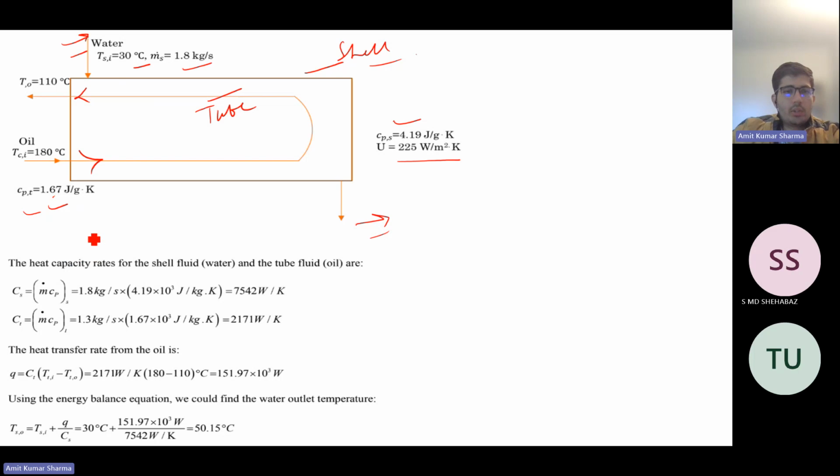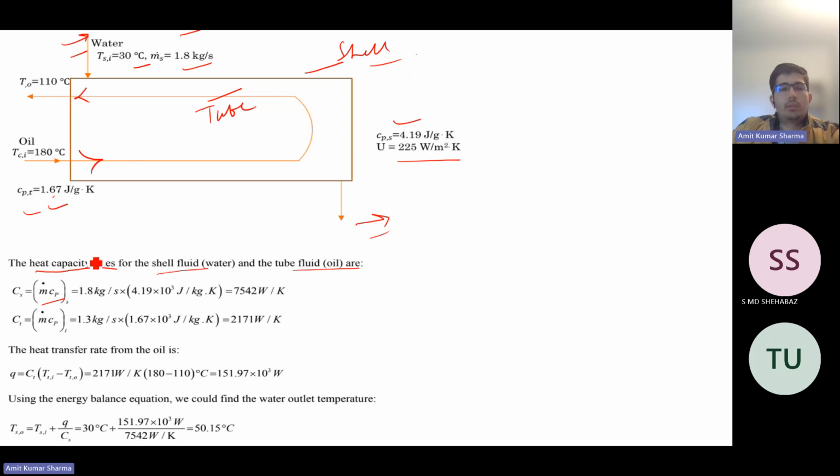So now first of all, you should find the heat capacity rates, for the shell fluid water and the tube fluid oil. It will be C = m Cp, mass flow rate into specific heat. For the water, it will be mass flow rate of water 1.8 kg per second multiplied by 4.19 into 10 to the power 3 joule per kg Kelvin.